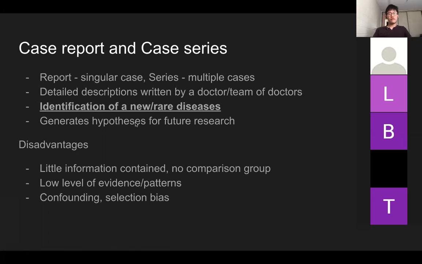It does help generate future hypotheses, but again, it's a low level of evidence. It contains little information and often doesn't have a comparison group. Again, low level of evidence and low ability to analyze patterns. And it's susceptible to confounding as well as selection bias based on your cases.